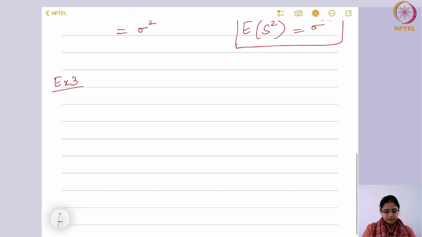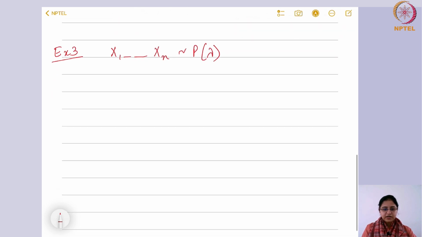So coming to the third example, we know that X1, X2, ..., Xn is a random sample coming from a Poisson distribution with parameter lambda. In this case, what we are given is that the lambda hat estimator was X bar, and we have to check whether this is an unbiased one or not. So let us simply do it.